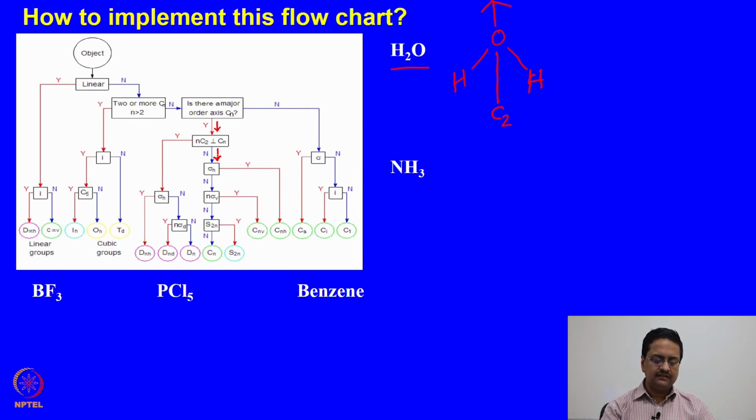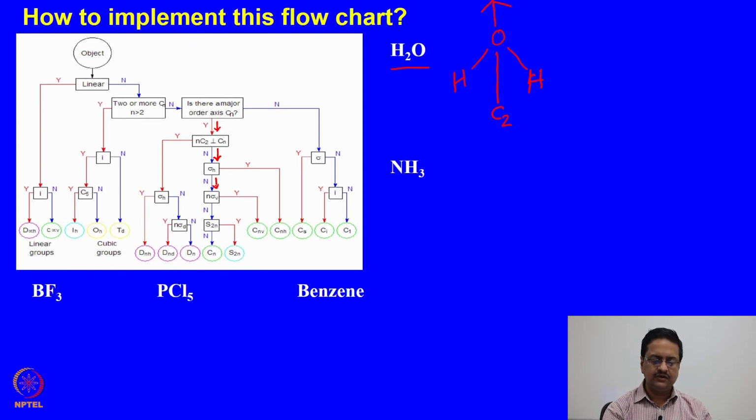The next question asked is sigma h, which means if you have a 2-fold axis and a perpendicular mirror, that perpendicular mirror is your sigma h. In this particular case, there is no sigma h. So, when there is no sigma h, we further go down and ask whether there are n number of sigma v's.